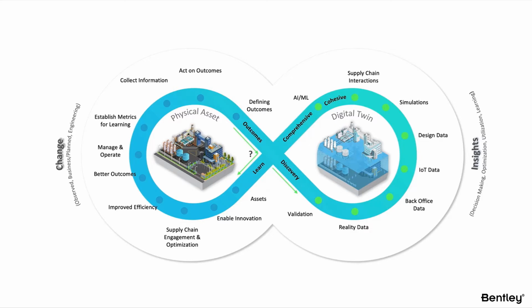And you're becoming better at outcomes over time, whether it's utilization, decision making, or safety, and this synchronization of outcomes between the digital twin and physical asset helps you consistently become better at operating your physical asset.